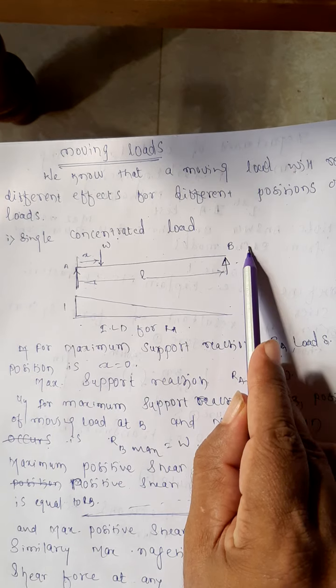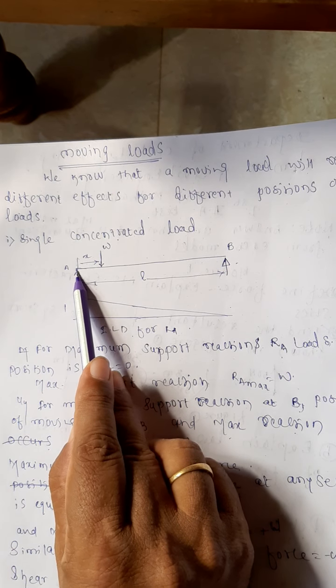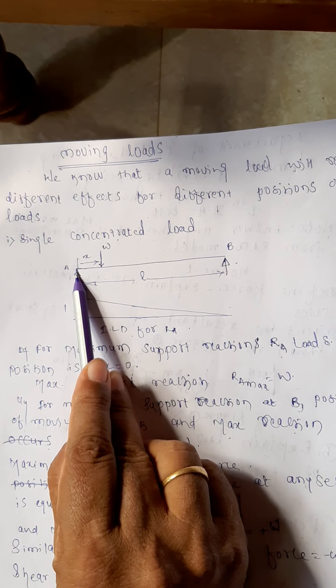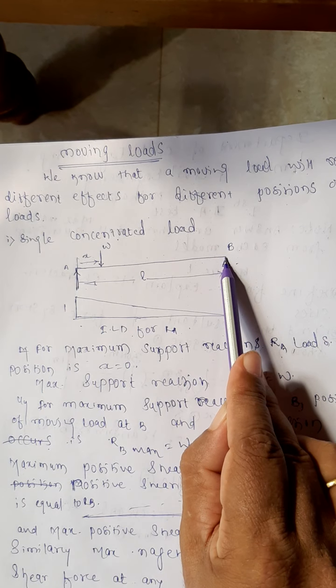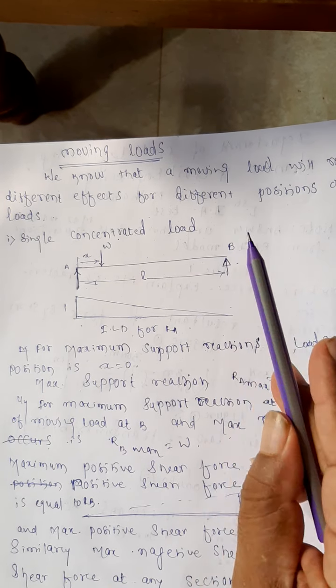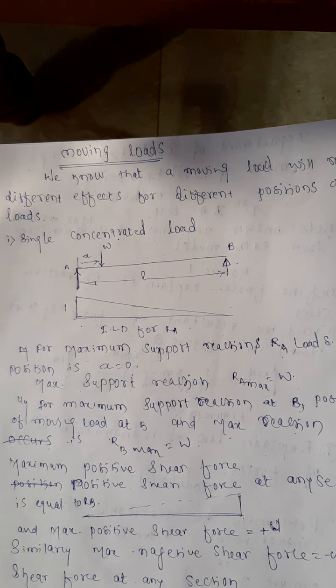When a single load is moving, the position of the load for maximum support reaction at A is over A, and for maximum support reaction at B it is over B. That is in connection with the support reactions.